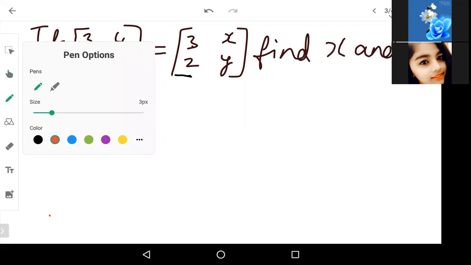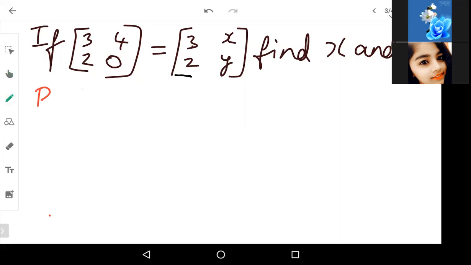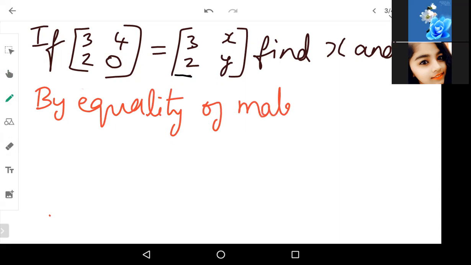You just have to write by equality of matrices, x is equal to, y is equal to.